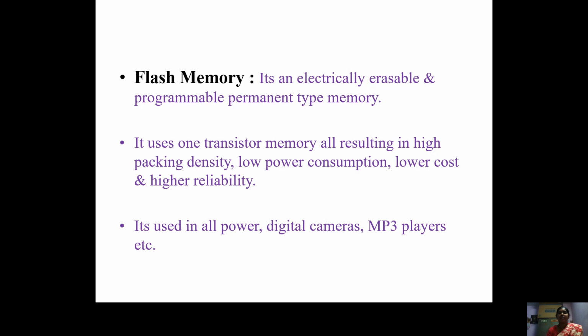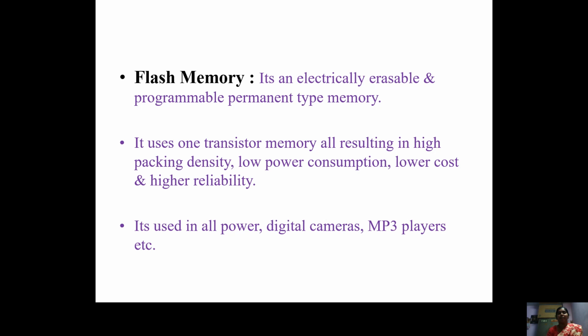Since we are using transistors here, it requires less cost and has higher reliability. That means we can erase and use it any number of times. So that is why it has high reliability compared to the previous memories.